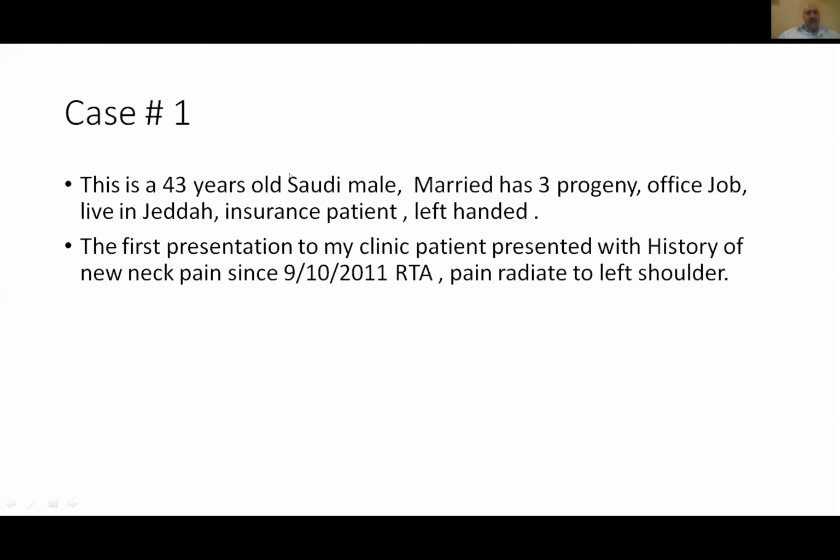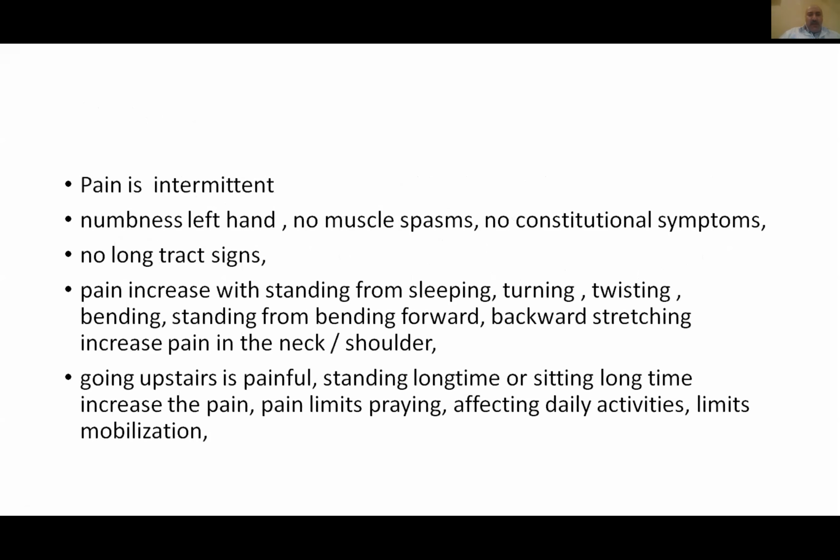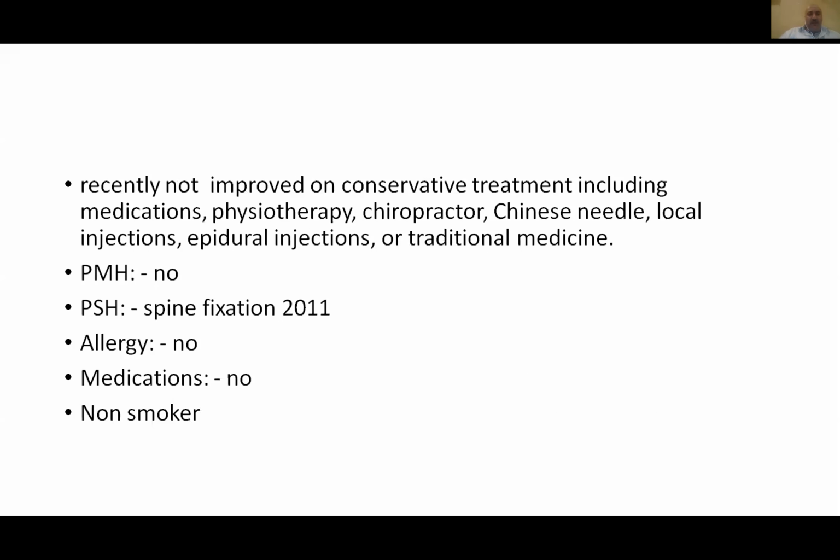Okay. Yes, this is a 43-year-old Saudi male. He had a history of RTA in 2011. He presented to one of the centers where they assessed him, and he had a T4 fracture. He was operated on at that time with fixation, and they also put in a screw and did kyphoplasty at the level.